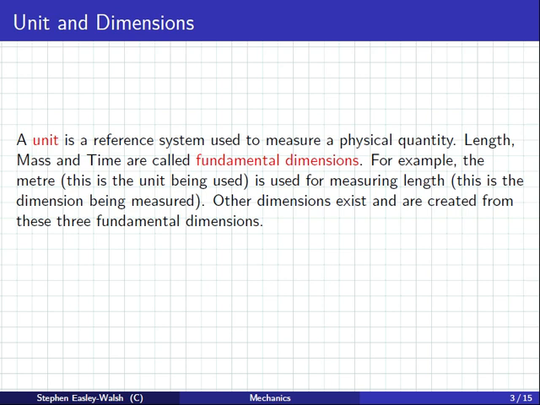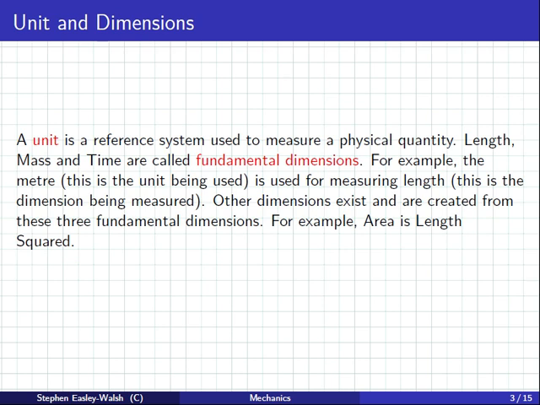Other dimensions exist and can be created from these basic three. So, for example, area. You know area? Area is length squared. By the way, what might speed be? Distance over time. Yeah, but the dimension is not called distance, it's called length.